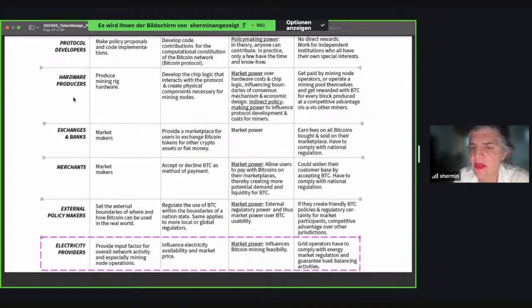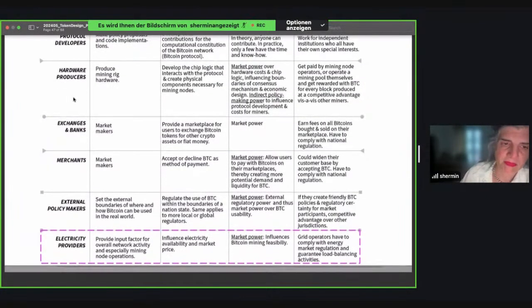On the one hand, the electricity price, but a thing that is also very interesting and counter to the mainstream narrative of Bitcoin being so energy intense: Bitcoin mining is often used to balance grid operations and guarantee load balancing activities where grid operators have excess energy. Bitcoin mining could be used for load balancing, which is very important in energy markets as well.